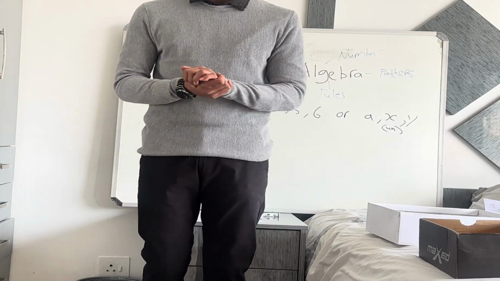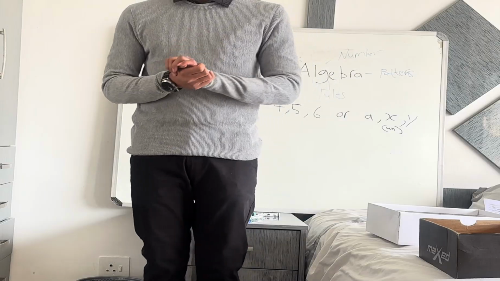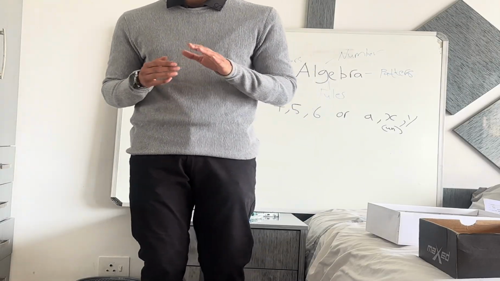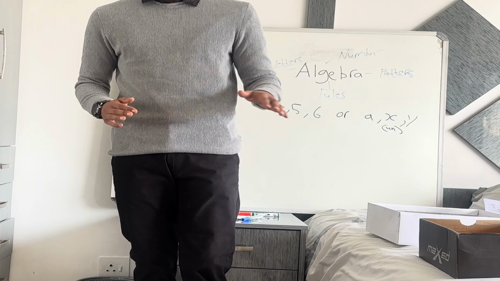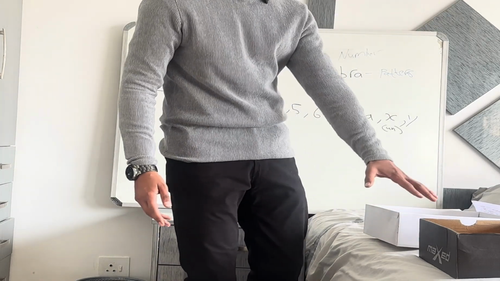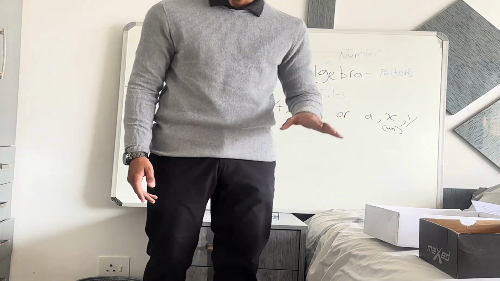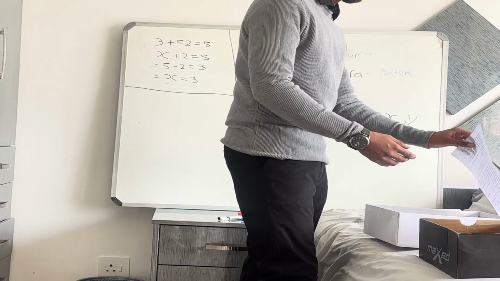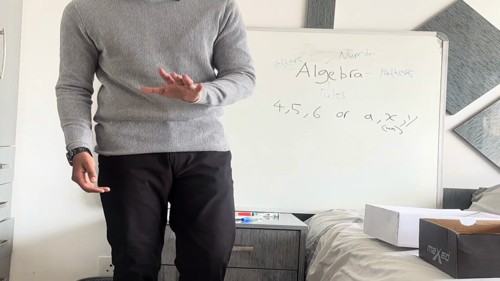Today's lesson, we are going to visit Mr. Adam's fruit market. And you'll notice that this isn't any ordinary fruit market. He has boxes and boxes of fruit, and when you enter his shop, you'll notice that he has price tags, and these price tags aren't normal price tags.